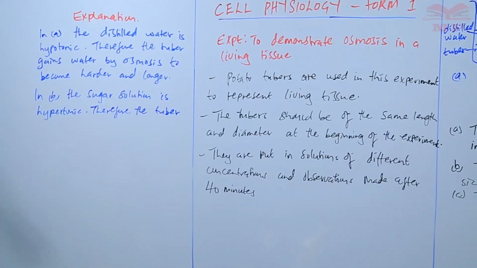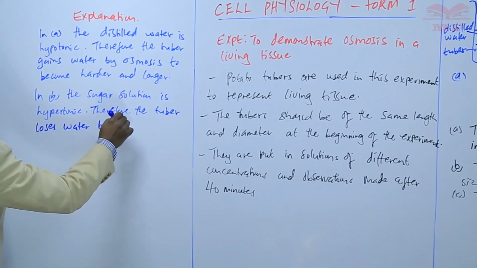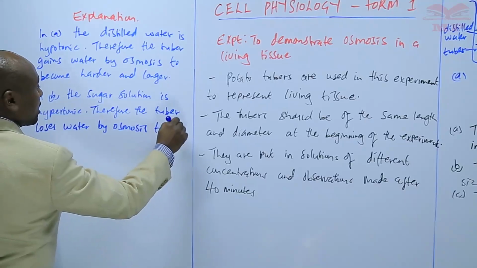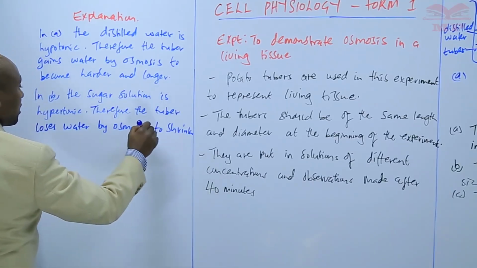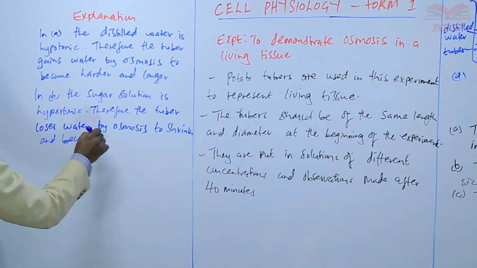Remember, osmosis takes place from the hypotonic to the hypertonic. The tuber is now the one that is hypotonic, loses water by osmosis to shrink and become soft.